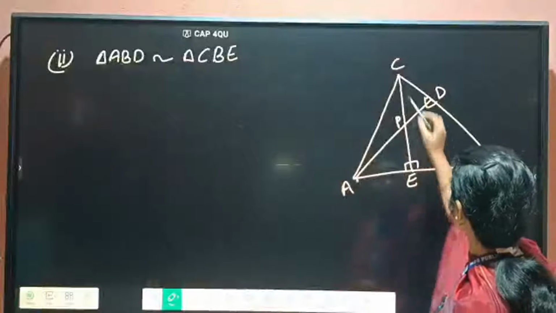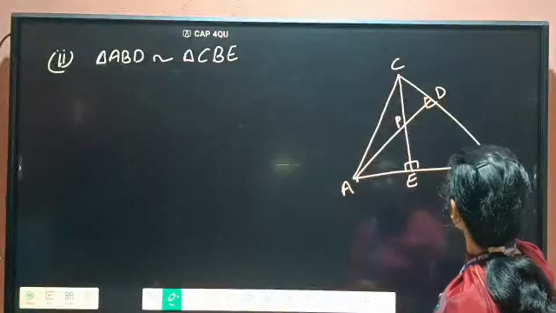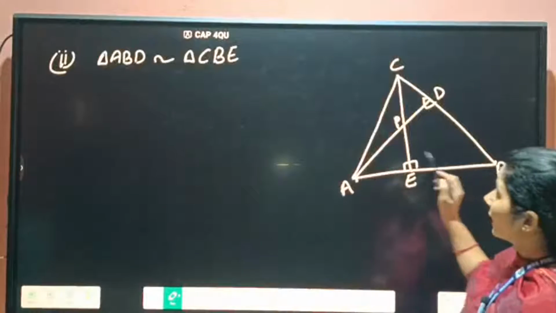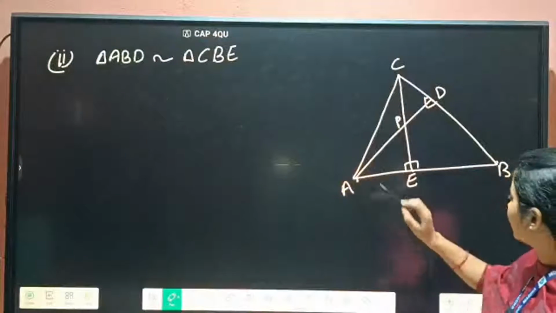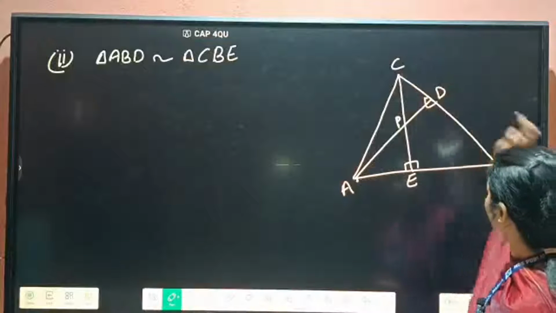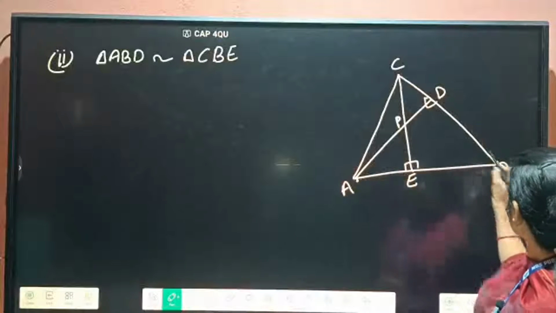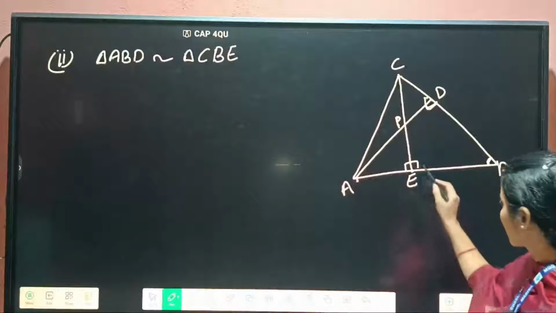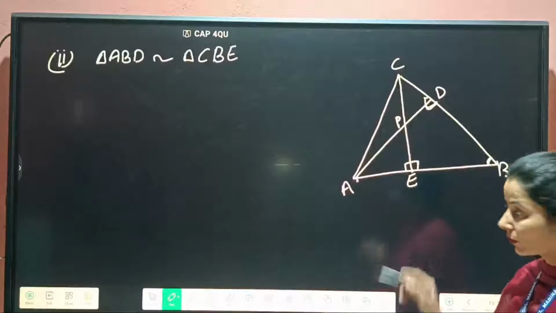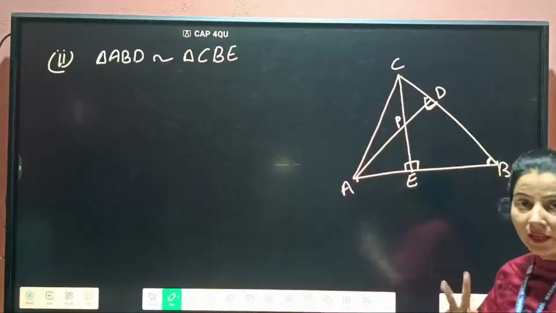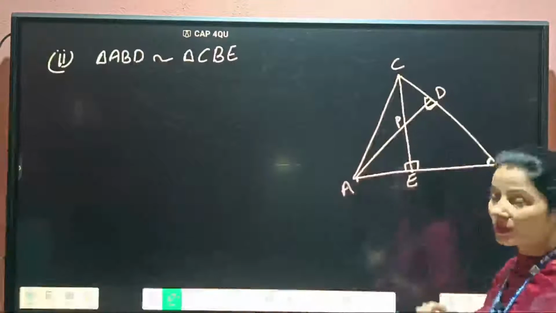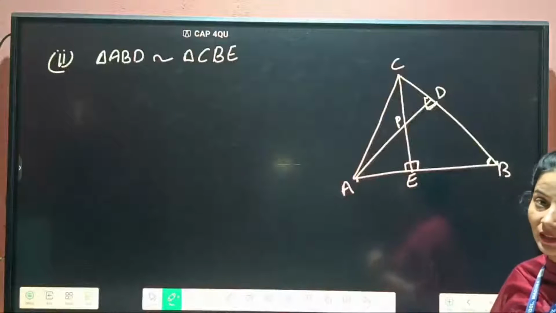Where is CBE? These two triangles we have to prove similar. Let us see. In triangle ABD, this angle B is common, and this E is 90 degrees. So in this triangle also we got two angles the same. So these two triangles will be similar by angle similarity criteria.